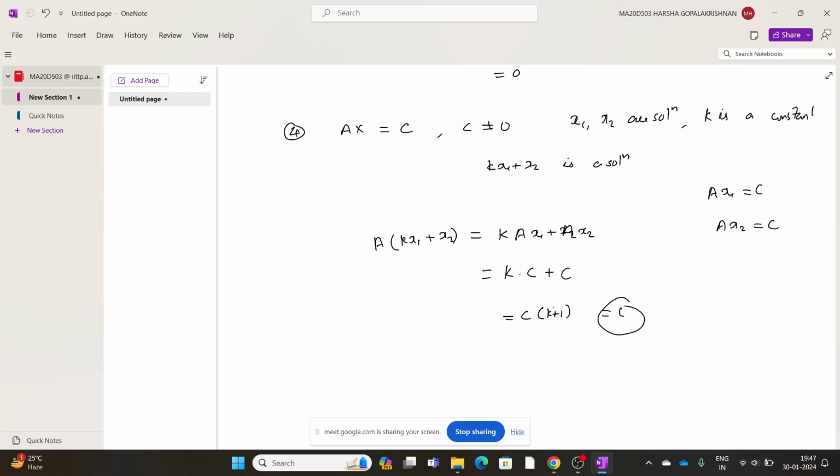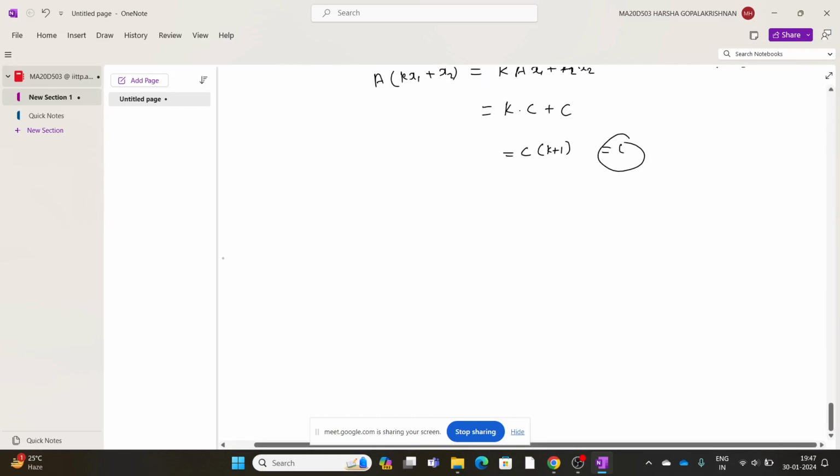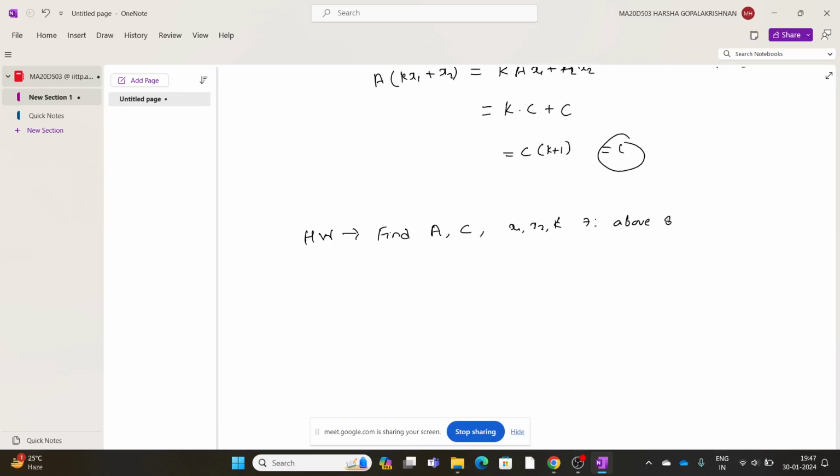So for some particular values of k it may be satisfied, but in general it is not true. You can find it as homework: find A, c, x1, x2, k such that the above statement is false. In general, if a statement is true, we will prove it.